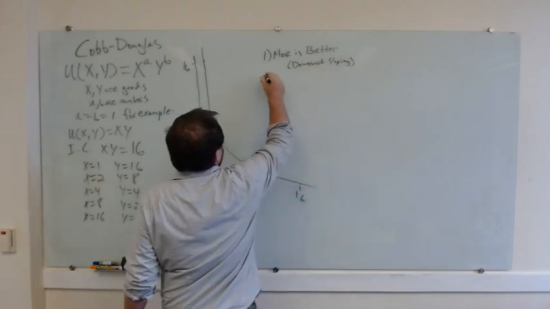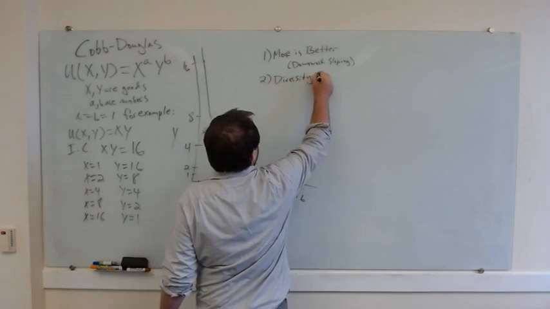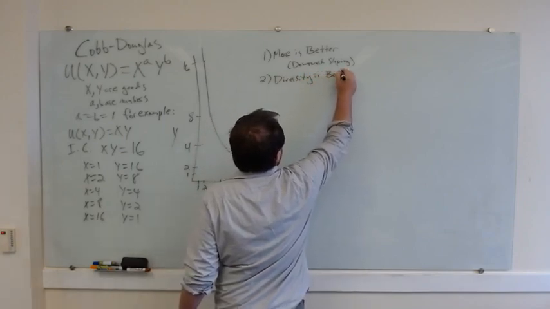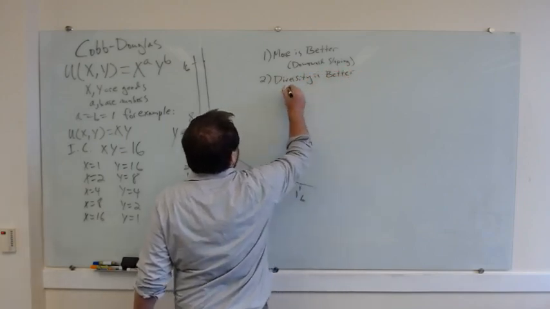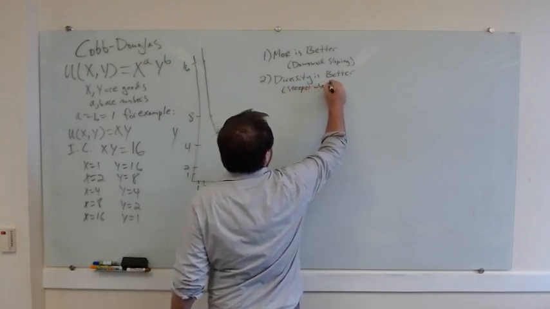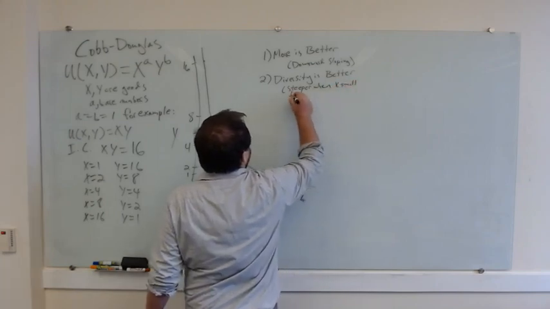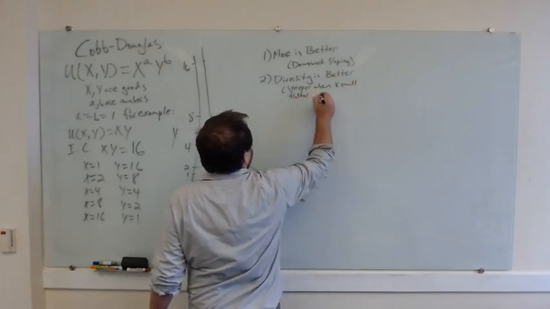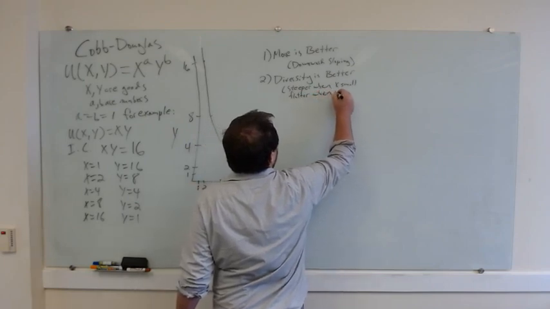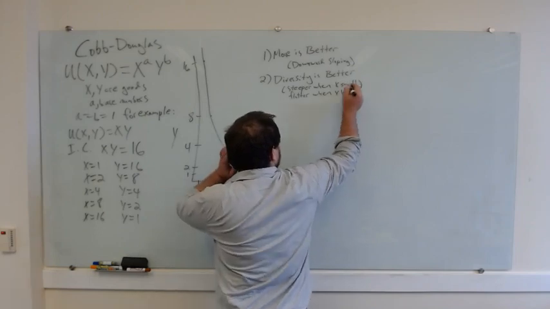And diversity is better. Slope is steeper when x is small, flatter when x is big.